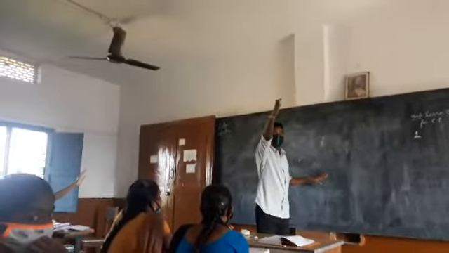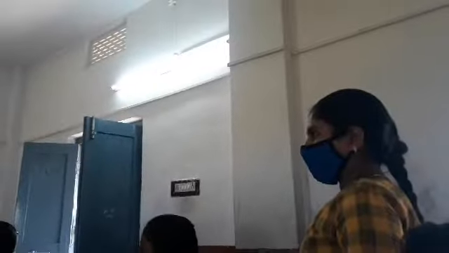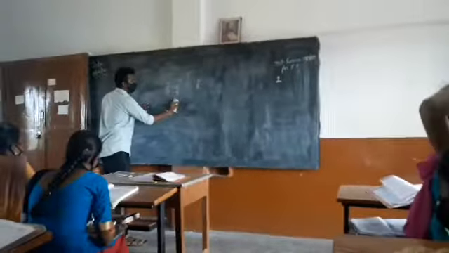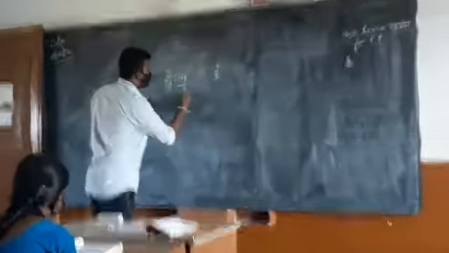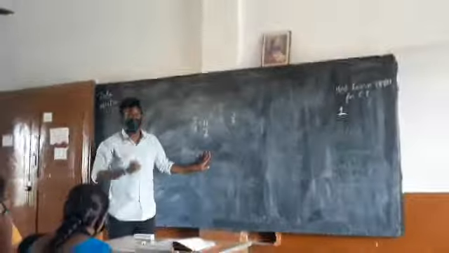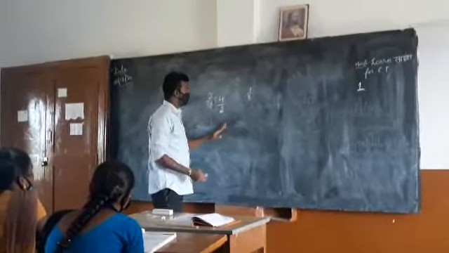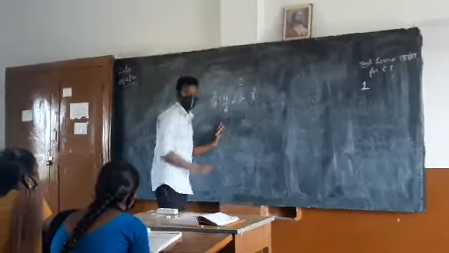Anyone? 2 by 4. Oh no sir, 4 by 2. 4 by 2 is the example given by her. 1 by 3 is the example given by her. And between these, which is improper fraction?